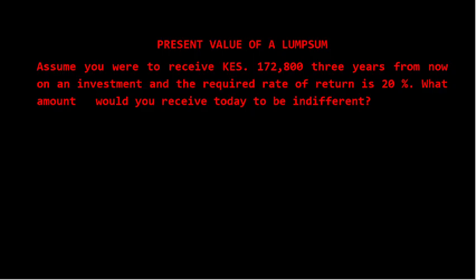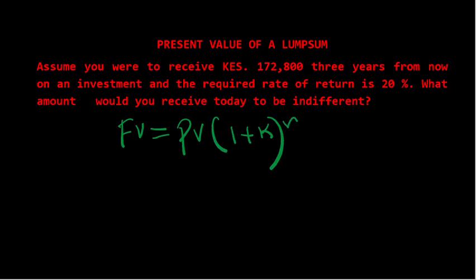I will remind you that we said in getting the future value of some present sum of money, it's the present value times (1 plus k) raised to n. This is what we said in some earlier lecture, that for us to get our future value, we compound the present value.